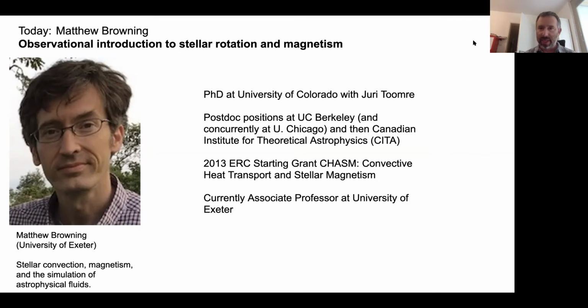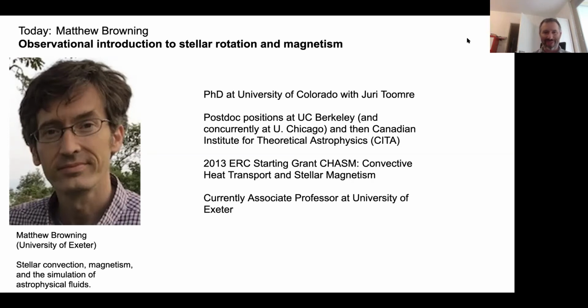Matt did his PhD at the University of Colorado with Yuri Tumre. He held postdoc positions at UC Berkeley and at the same time University of Chicago. And then he was at the Canadian Institute for Theoretical Astrophysics in Toronto, right?